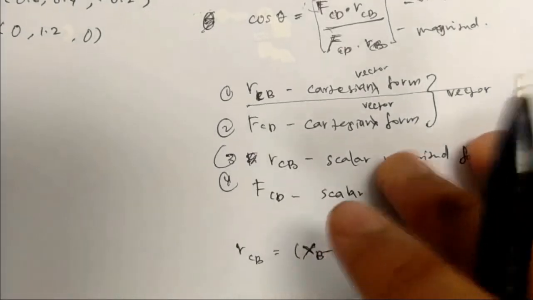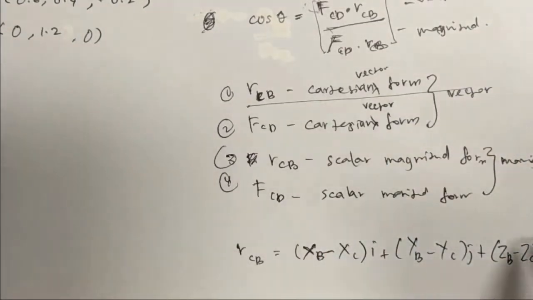This will give you a Cartesian form vector for RCB.